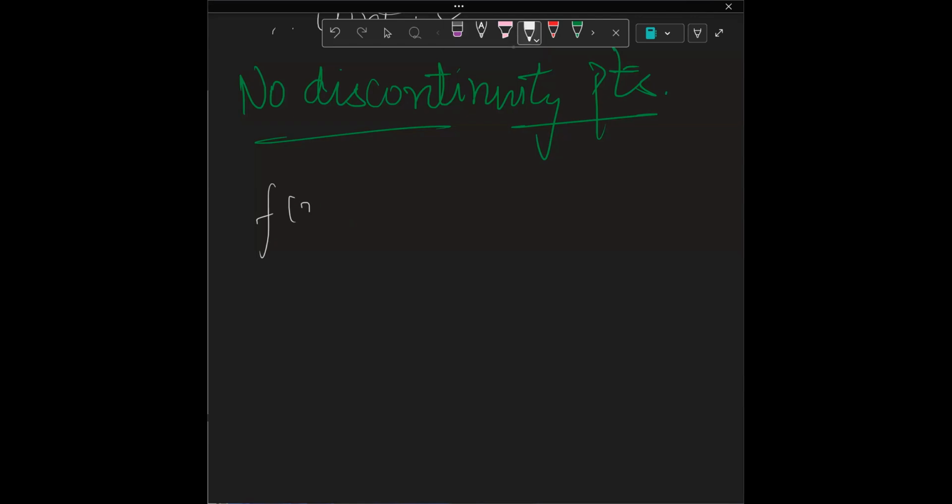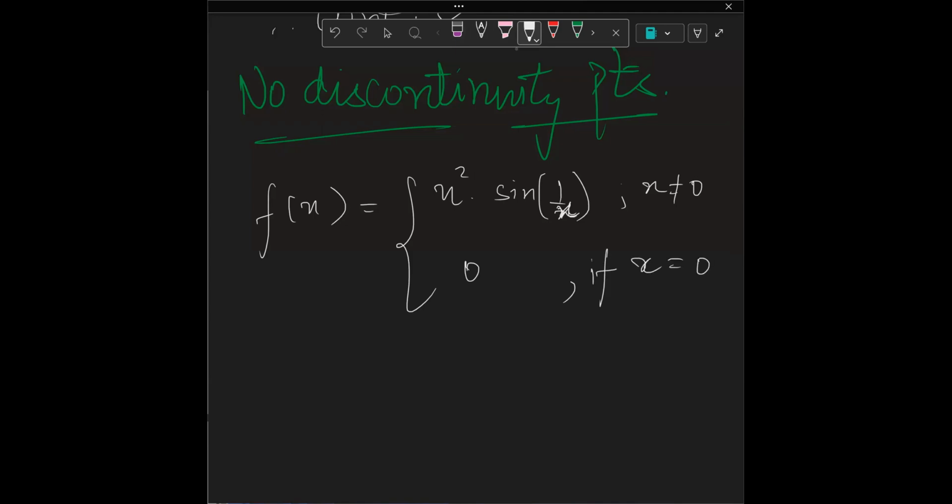Okay, do this question. You have the function x square sine 1 over x, when x is not equal to 0, and this is 0 if x is 0.